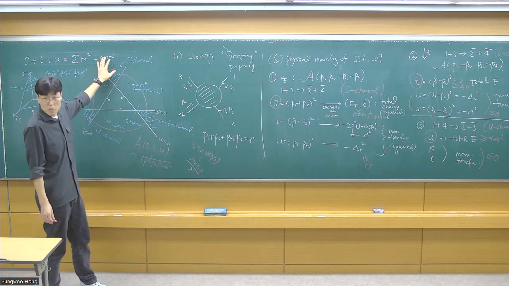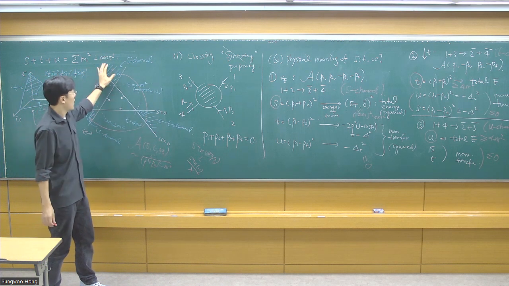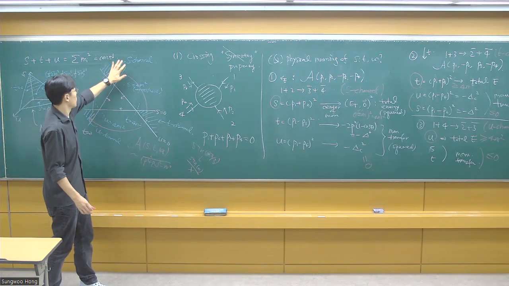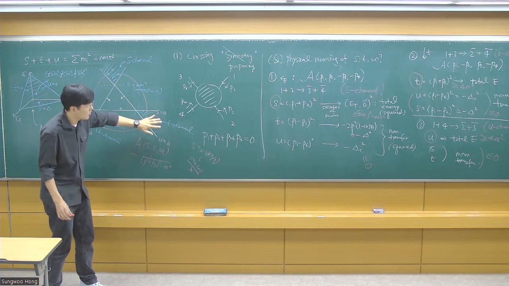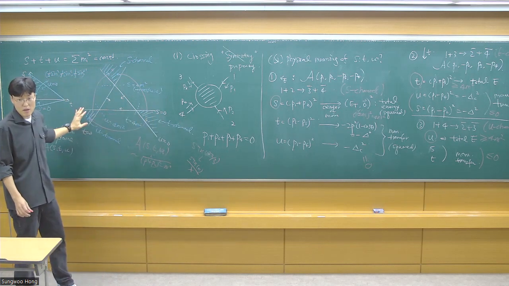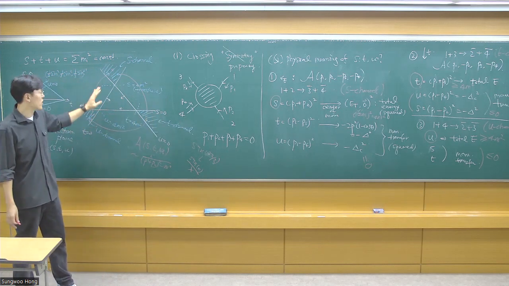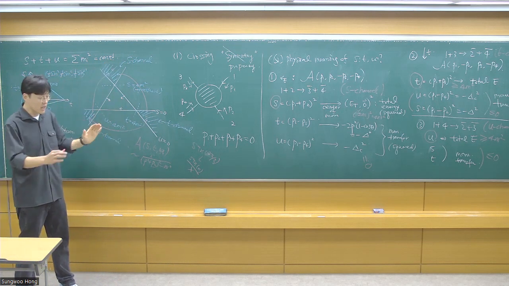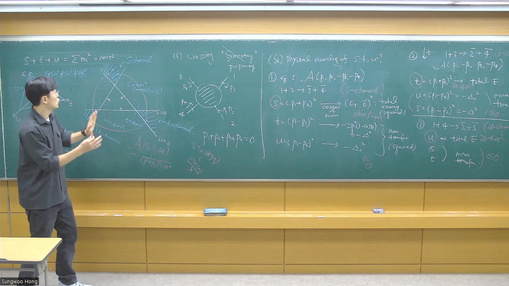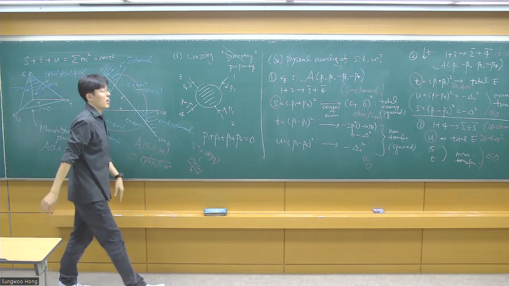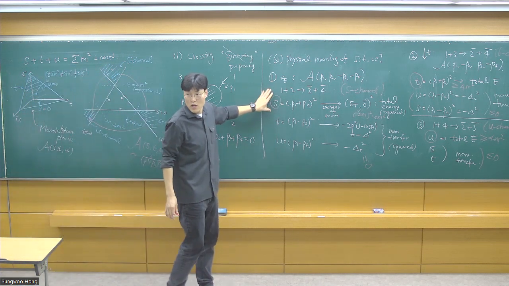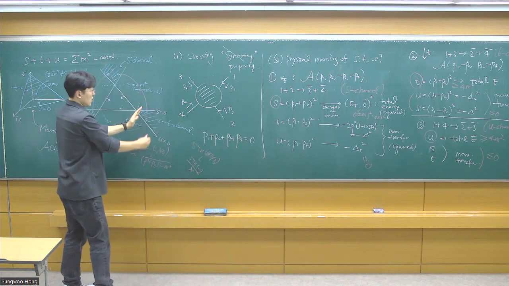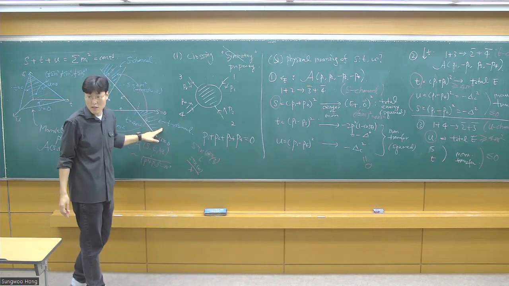Once you have a meromorphic function, you can analytically continue the region of validity from one piece to another and to another. Once you can travel from one region to the other, then you're given a single God-given function. You can zoom in here to describe this physical process. Or you decide to zoom in here, you can discuss the T-channel physical process.